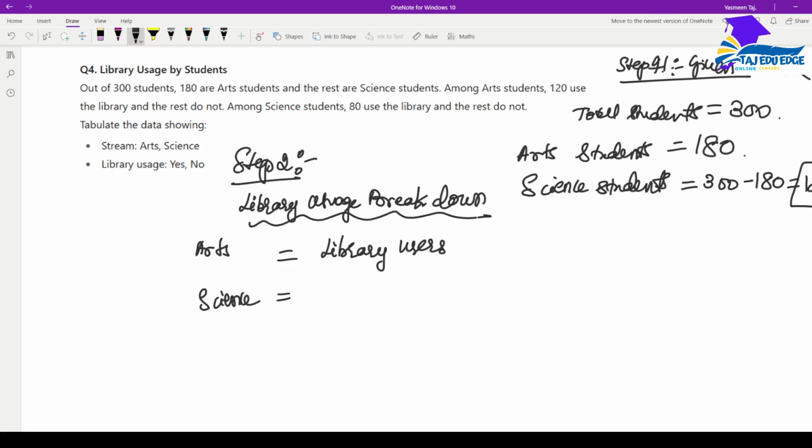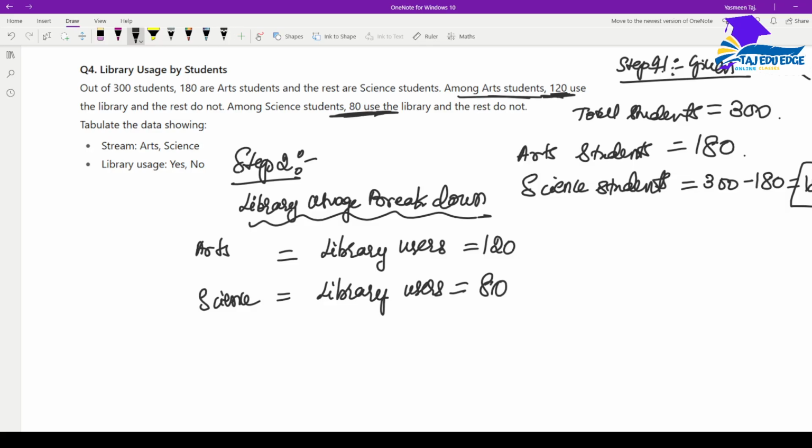Among the arts students, 120 use the library. So here library users are 120 in arts. In science, how many are using the library? Library users, that is 80. They have said here that in science 80 students use the library. Okay, now we have this data also.